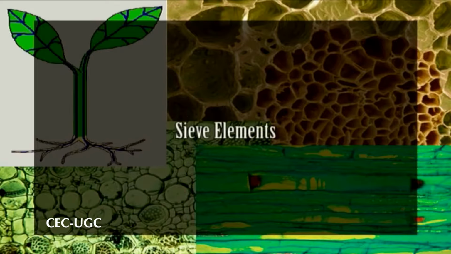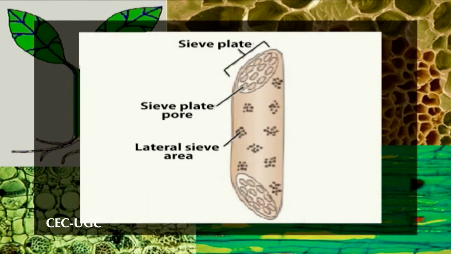Now, sieve elements. Sieve elements, that is, sieve cells and sieve tube elements, are elongated cells having characteristic sieve areas in their cell walls, where pores interconnect the conducting cells. Unlike sieve areas of gymnosperms, the sieve areas of angiosperms can differentiate into sieve plates.